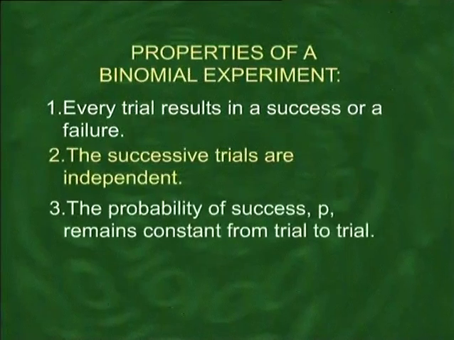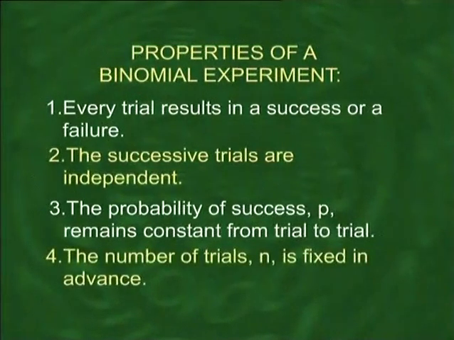Number 3, the probability of success remains constant from trial to trial. And number 4, the total number of trials, that is n, is fixed in advance. Students, ये जो 4 प्रॉपर्टीज मैंने आपको कन्वे की हैं, these are essential for us to be able to apply the formula of the binomial distribution.